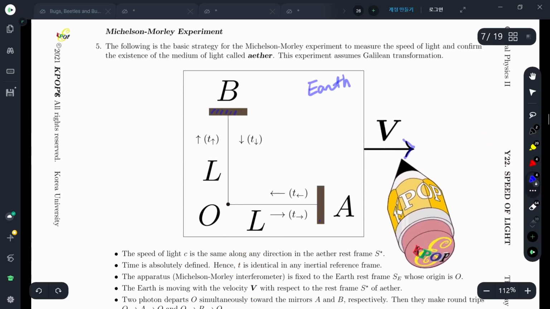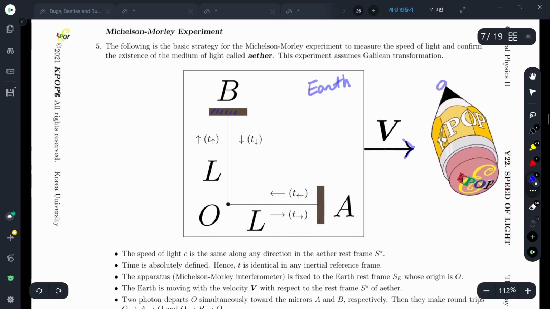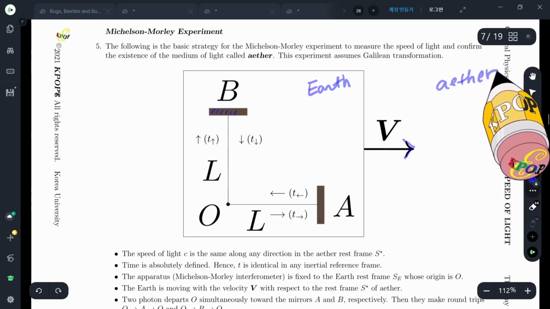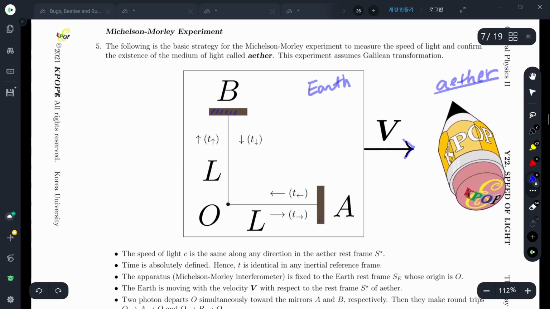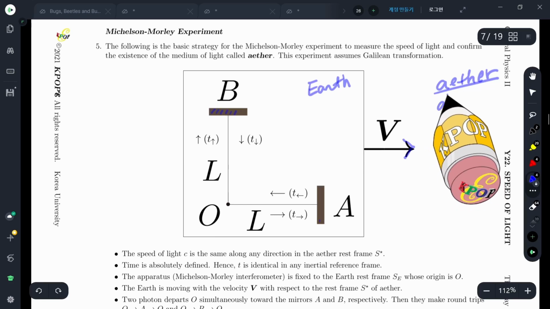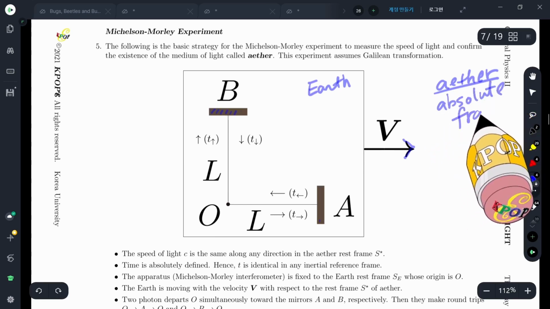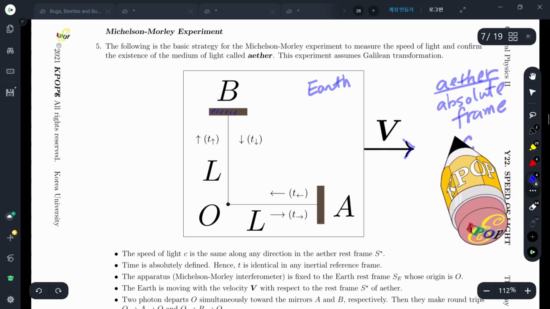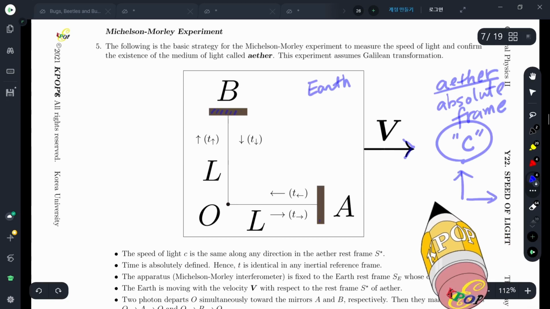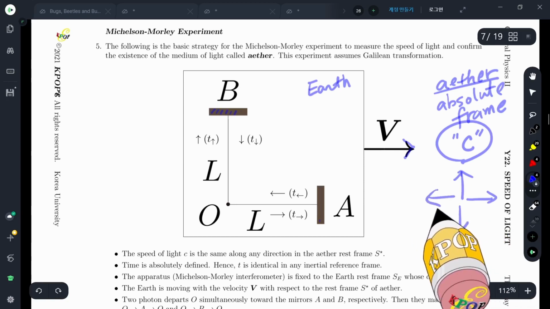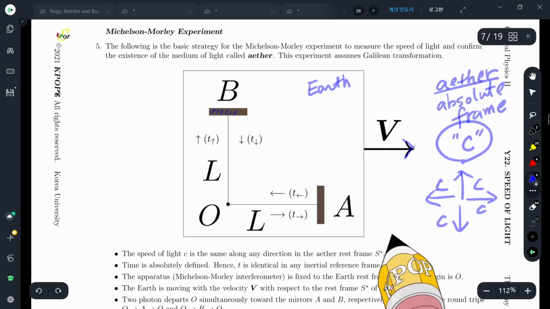And we observe from outside. Assume that there is an ether, an absolute frame in which the speed of light c is fixed. c is the same everywhere in the frame where ether is at rest.